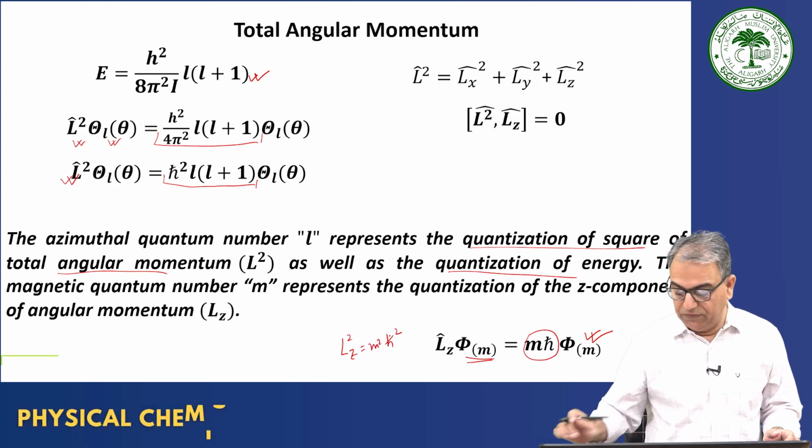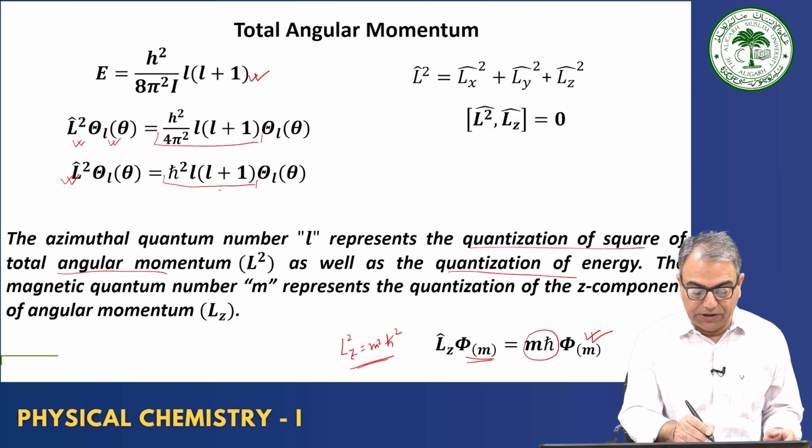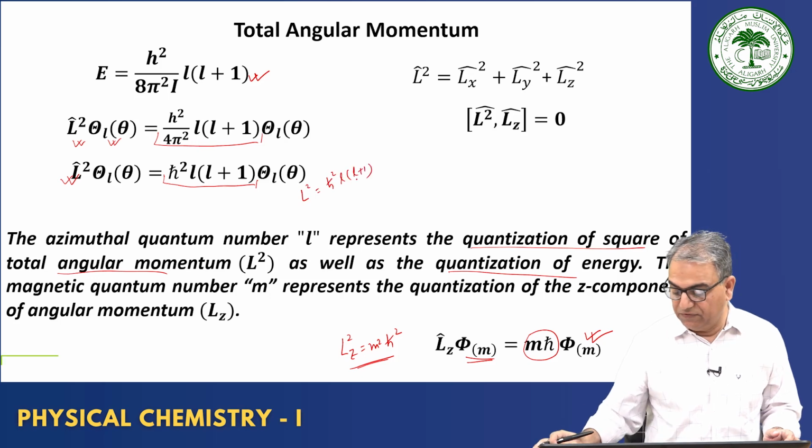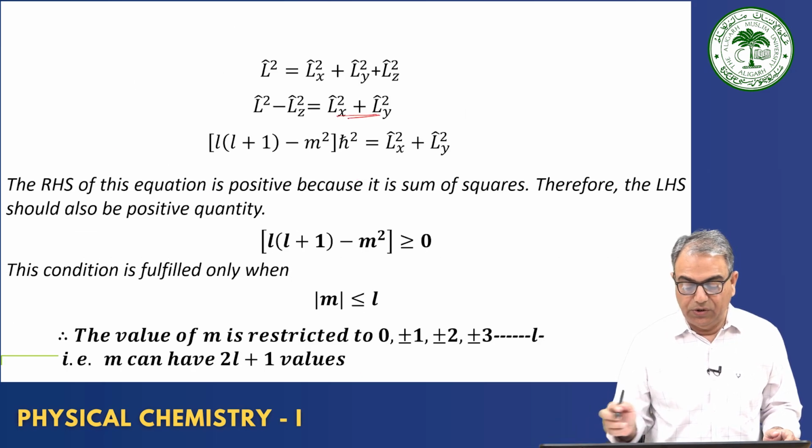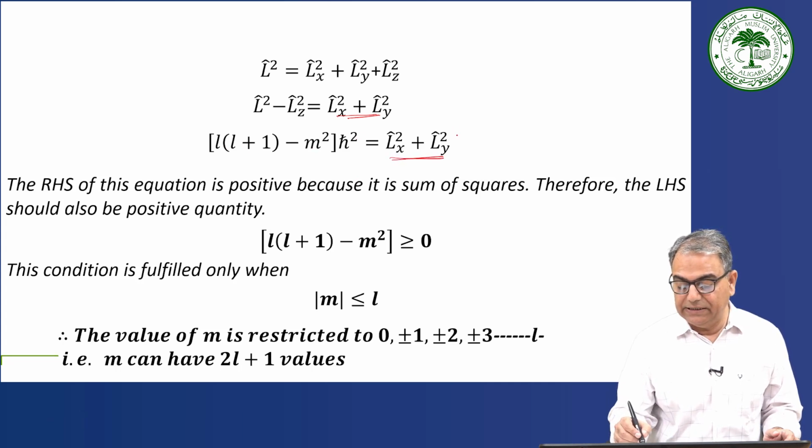So you get L into L plus 1 minus m square, times h cross square, is equal to Lx square plus Ly square. Now on the right hand side you have the sum of the squares of two quantities, so this will always be a positive quantity.